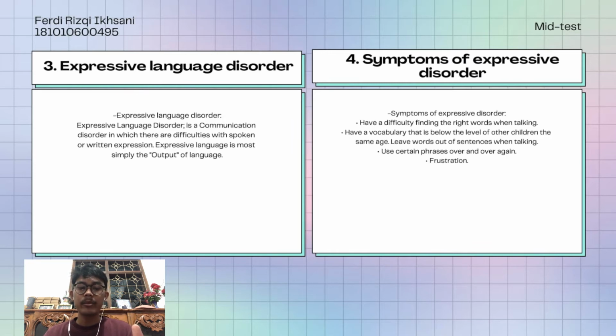So the next slide is expressive language disorder. It is a communication disorder in which there are difficulties with spoken or written expression. Expressive language is most simply the output of language. These include not only words, but also the grammar rules that indicate how words are combined into phrases, sentences, and paragraphs, as well as the use of gesture and facial expression.